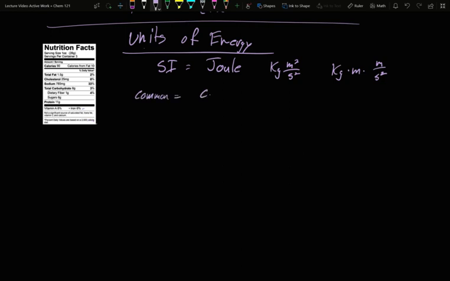units are the calorie. So a calorie was actually based sort of on metric. The idea was it was the energy for 1 gram of water to go up 1 degree Celsius. So it was a heat component.